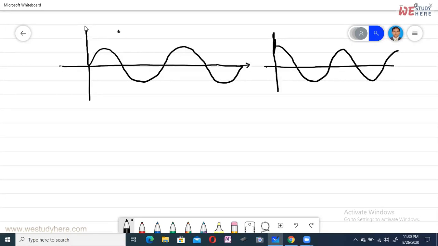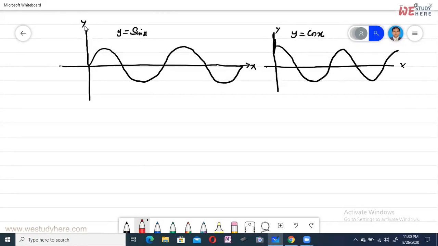This was y is equal to sin x, and this is y is equal to cos x. This is the x-axis, this is the y-axis.